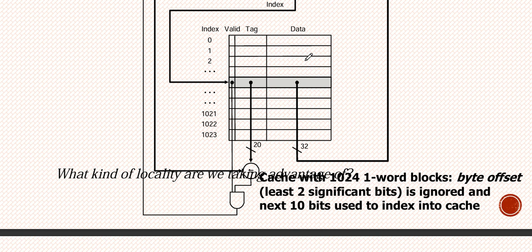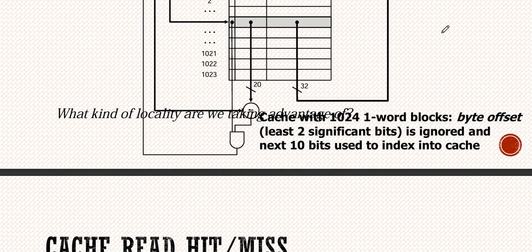Sometimes we can have multiple-word blocks, maybe four-word blocks. So when we go to memory, instead of fetching only location 0, we can fetch from location 0 to location 16. Then the data will not just be 32 bits, it can be 128 bits long. Then we use a multiplexer to choose the section of the data, but that's complex. We will see that later.